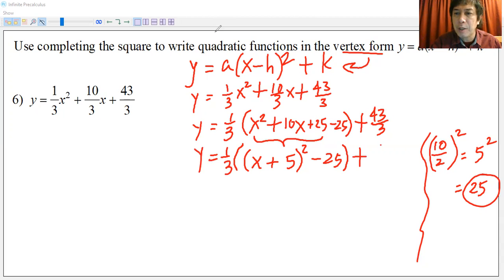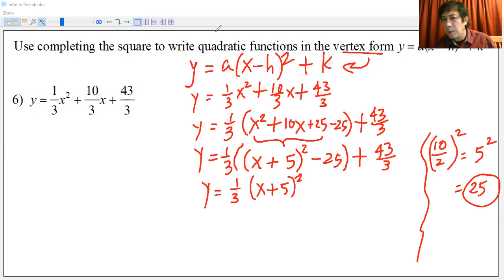And we still have the plus 43 over 3. All right, the next line will now be distributing back the 1/3. Okay, distribute back the 1/3. So we will have here 1/3 times x plus 5 squared, and that will be a negative 25 over 3. Negative 25 over 3 plus 43 over 3.